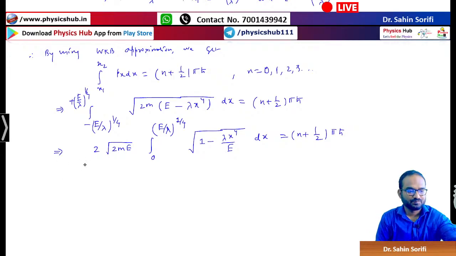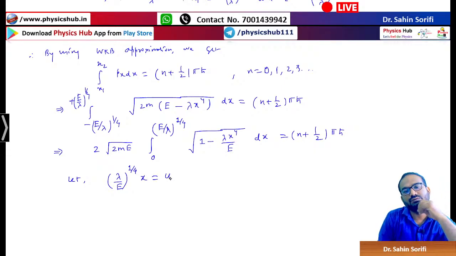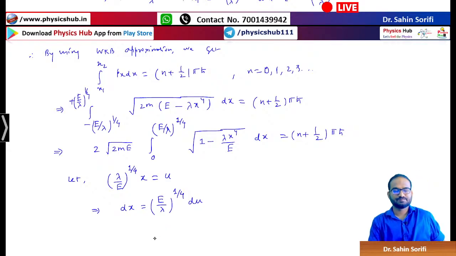So for this case, let lambda by E to the power 1 by 4 times x be equal to, let's say, u. So we can say dx is equal to E by lambda to the power 1 by 4 times du.